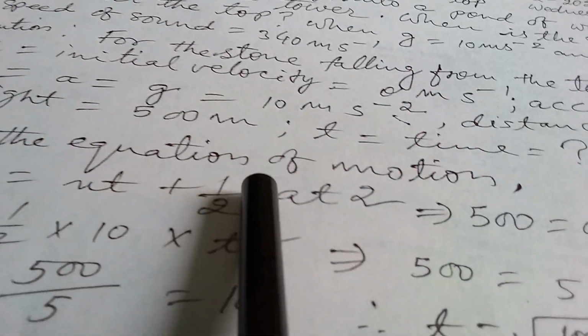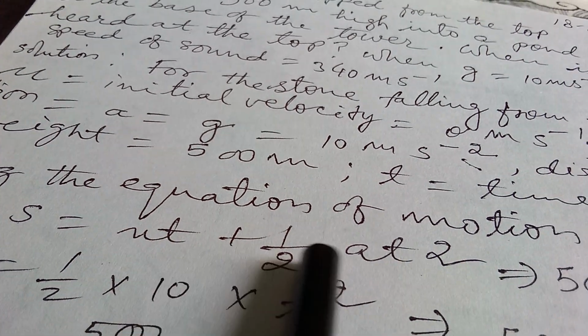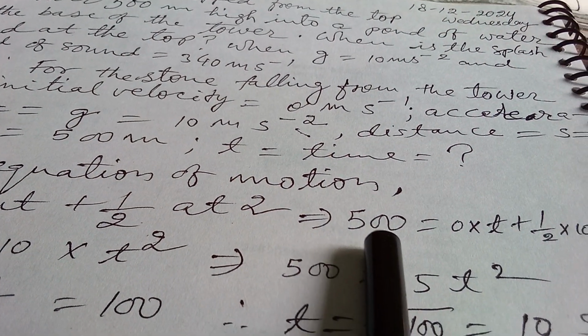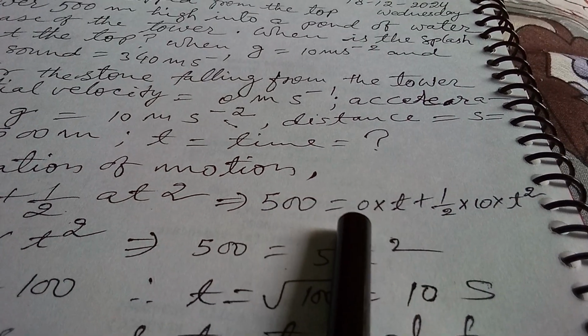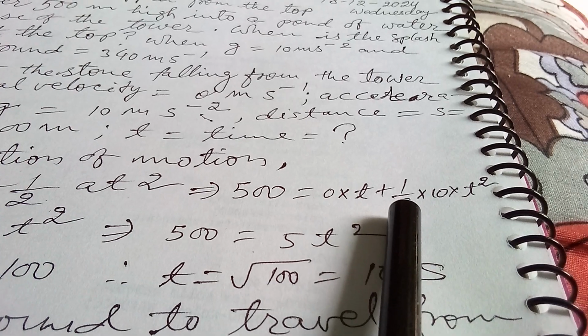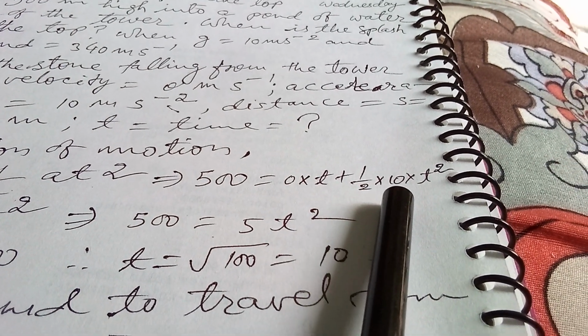So from the equation of motion we know s equals ut plus half at square. So s is given 500 meter, that is 500 equals 0 into t, because u is 0, plus half a t square, half and a is 10 into t square.